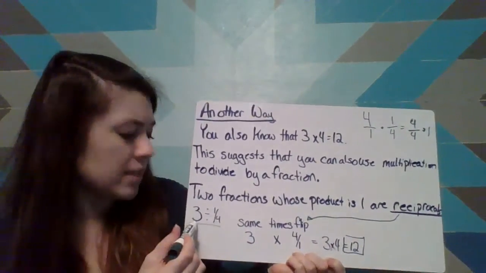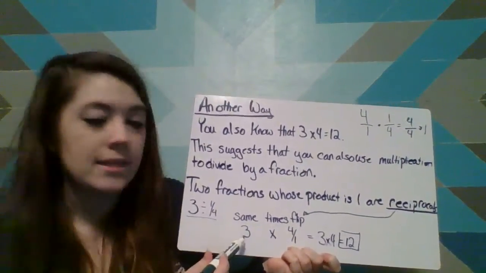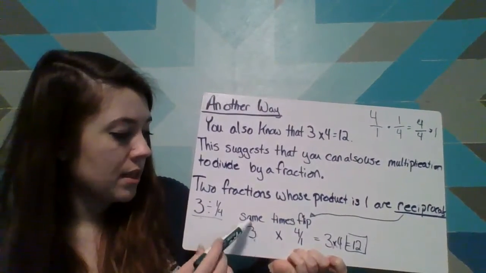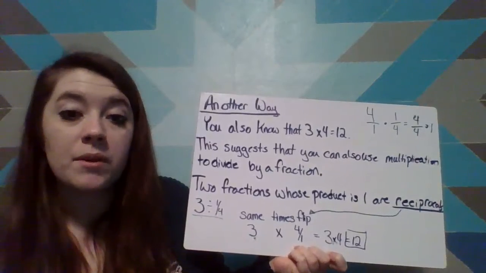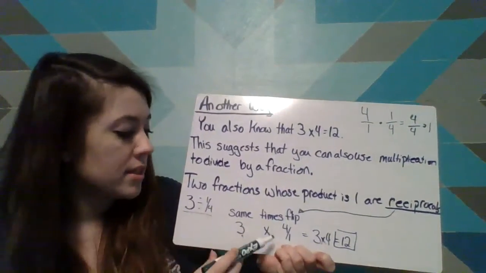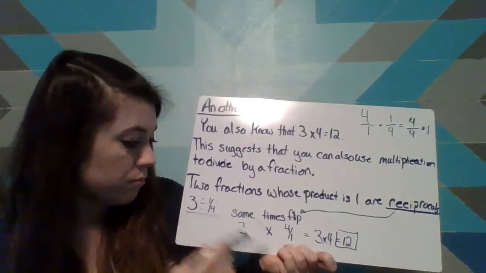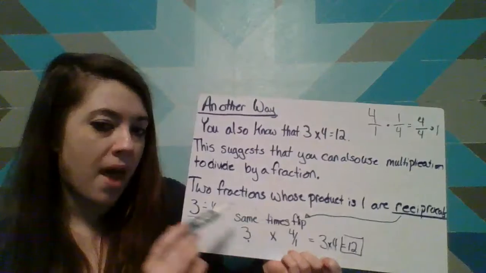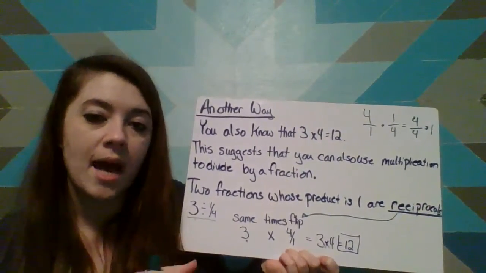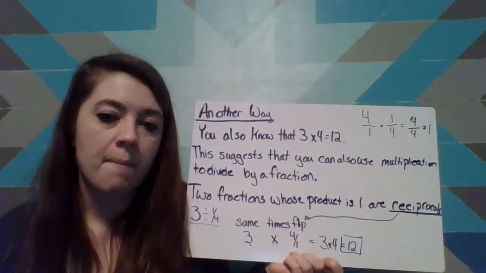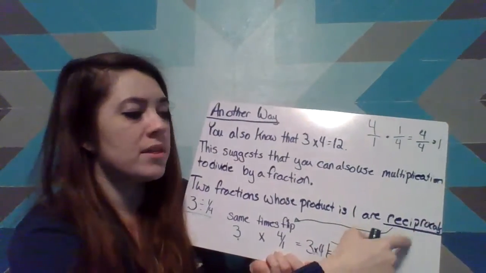Same means the first number in our problem stays exactly the same. The first number in the problem here was 3, so when we do same times flip, it's going to be 3. Then we have divided by; we change the divided by to times. Now, we had 1/4. We need to flip that. If we flip this, our denominator becomes our numerator, and our numerator becomes our denominator. It gives us our reciprocal.